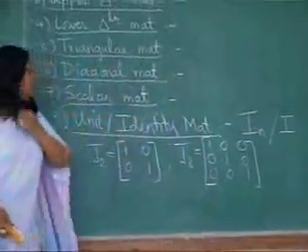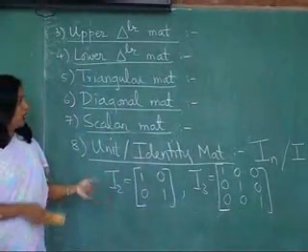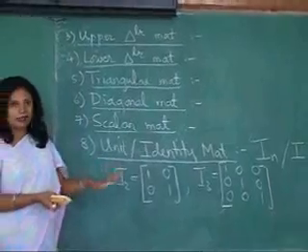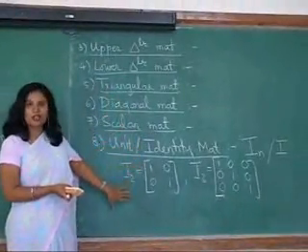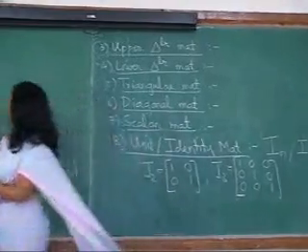So these are the various types of matrices that we are going to come across. You all have studied all this in the 12th standard, so I don't wish to spend too much time on this. Let us now go to operations on matrices.